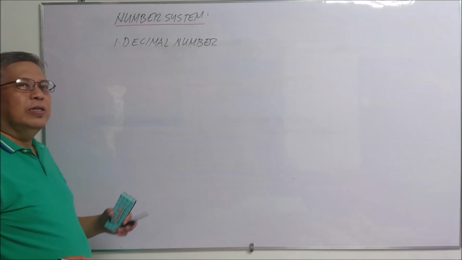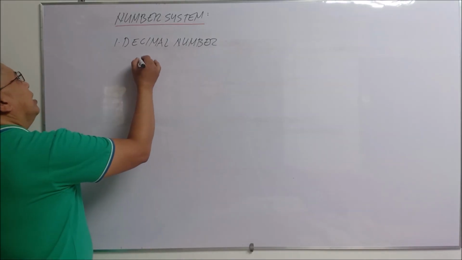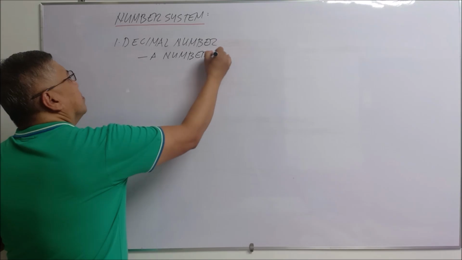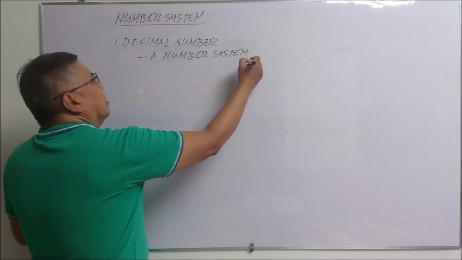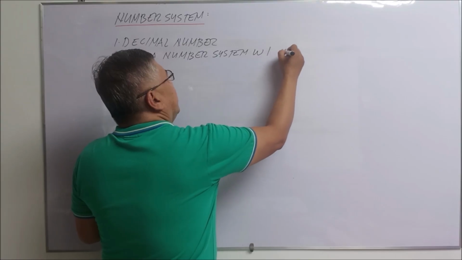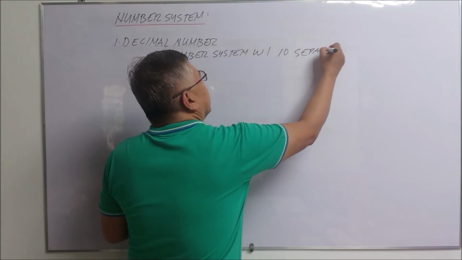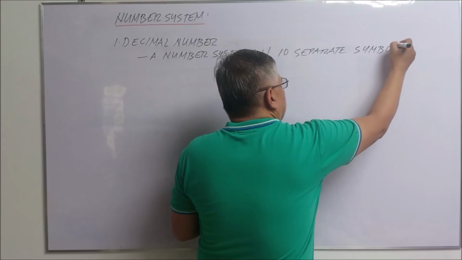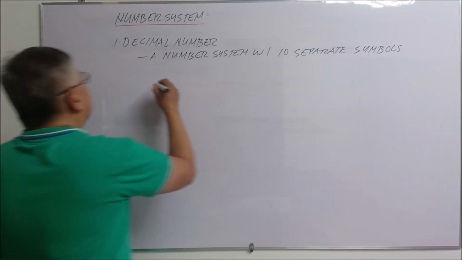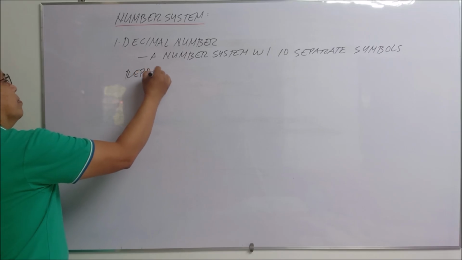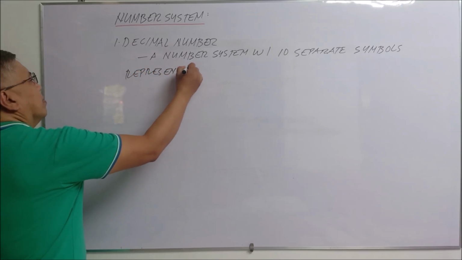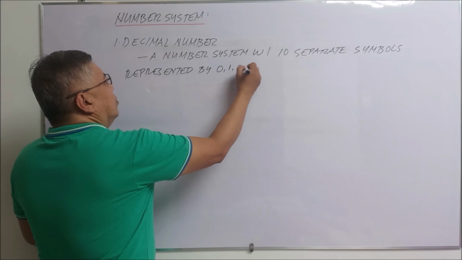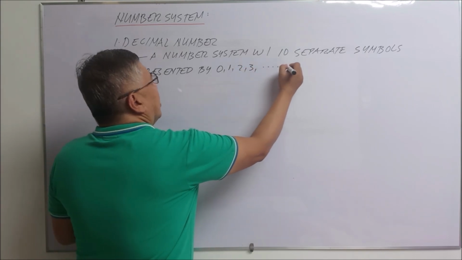So we define the decimal number system as a number system with 10 separate symbols, represented by 0, 1, 2, 3, up to 9.